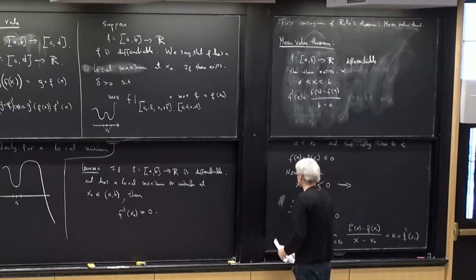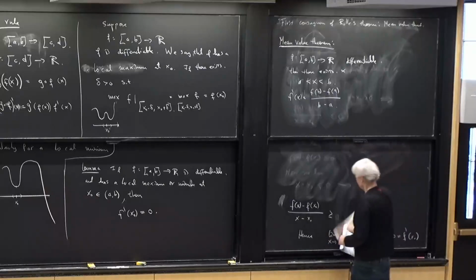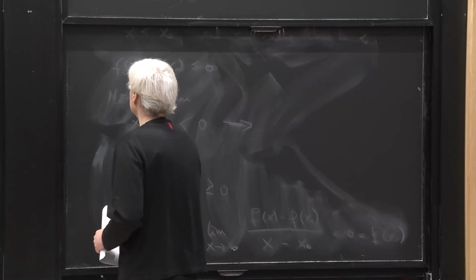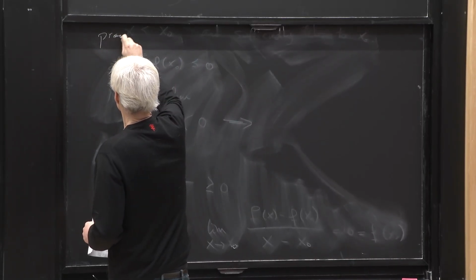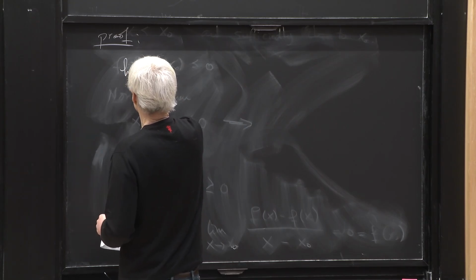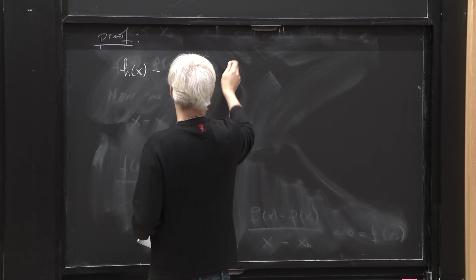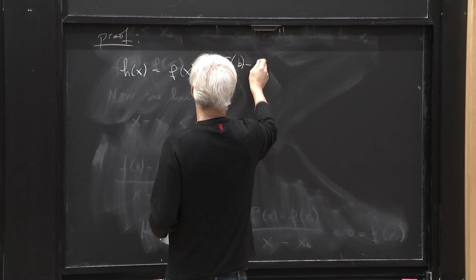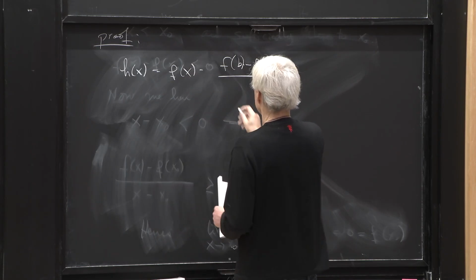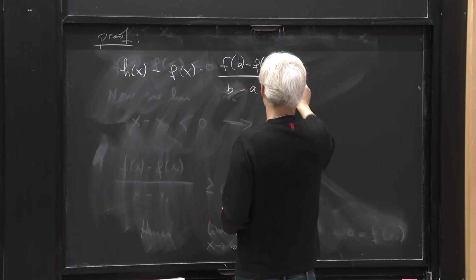Because, to prove it, suppose you take the function h of x equal to f of x minus (f of b minus f of a) divided by (b minus a) times (x minus a).